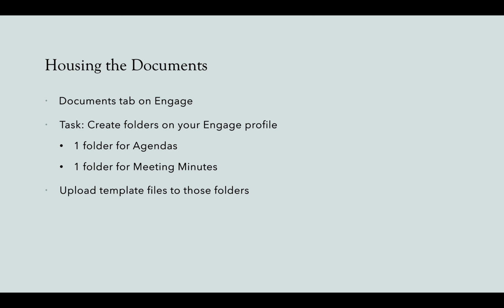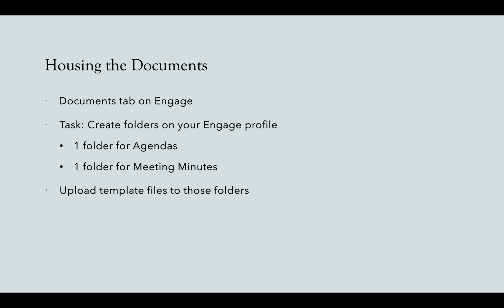So what I would like you to do is log on to Engage, www.wright.edu/engage. Go ahead, sign in, find your organization, and then click the Manage Organization button, and that will take you to your landing page where you'll see that hamburger menu.